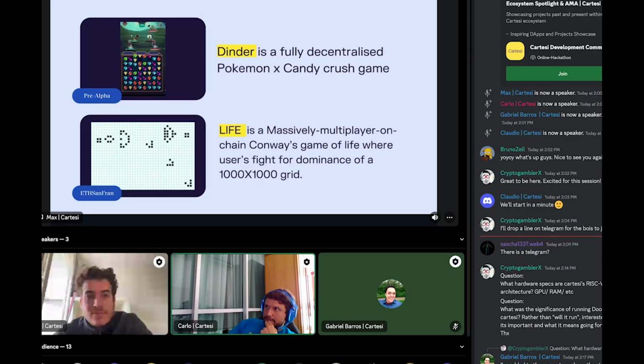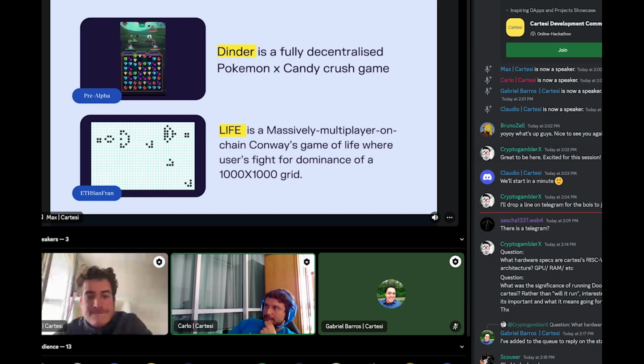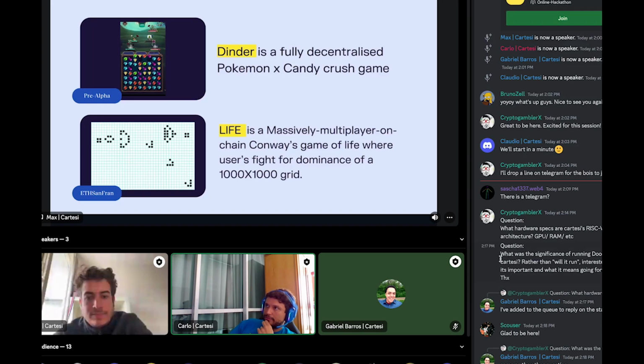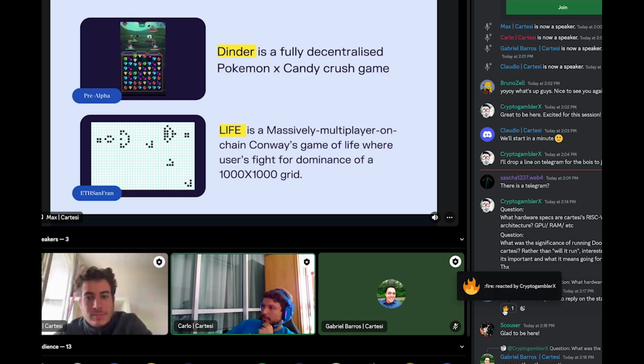Sure. So Dinder is a game that's been developed by a Taiwanese game studio. It's really cool. For gamers, it's a mashup of Pokemon and Candy Crush. Basically, you have your own team on top of the game, and you have these really cool avatars that they created. There are multiple themes.